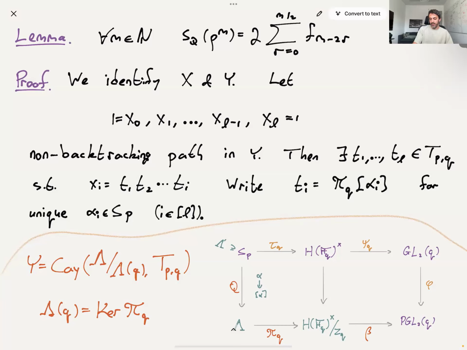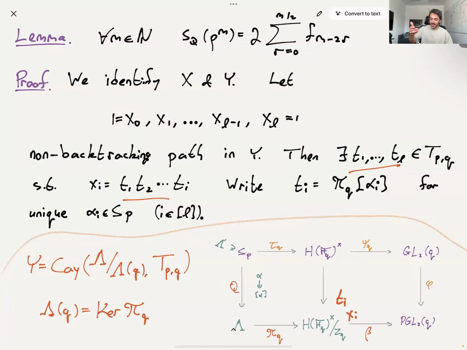Now, because Y is a Cayley graph, you have this set of generators T_1 up to T_L in T_PQ, such that every x_i is the product T_1 up to T_i.